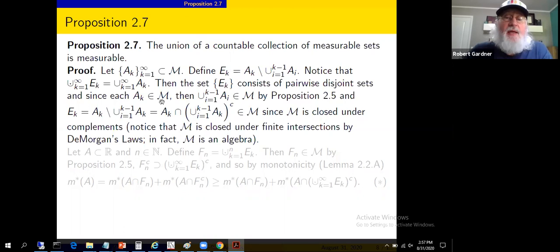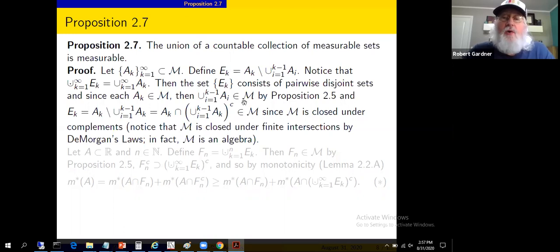Every A sub k is measurable, so every E sub k is measurable. So let's go through that. Since each A sub k is measurable, then I know the union from 1 to k minus 1 of the A sub i's is measurable. By proposition 2.5, we know that M is closed under finite unions.